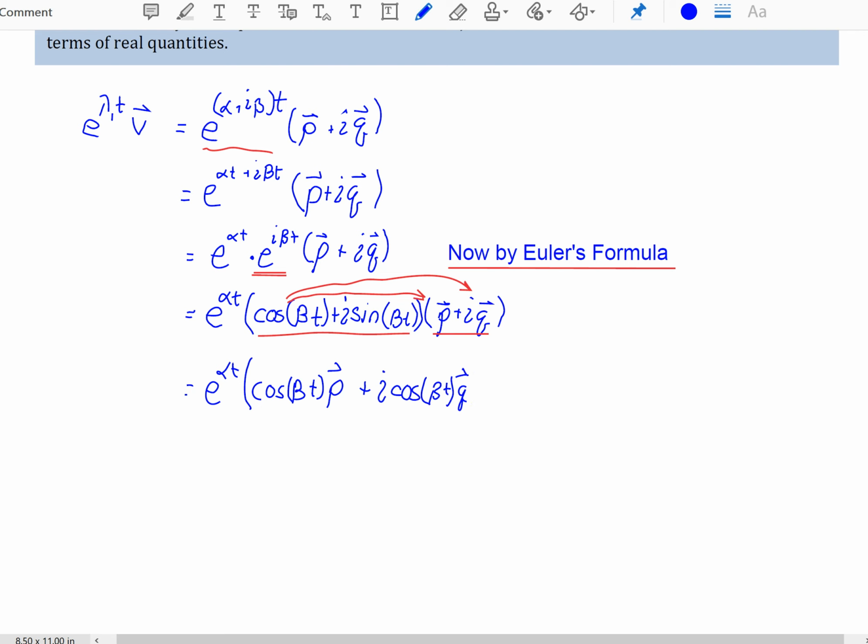Now let's distribute the sine term to the p vector and to the q vector, to get plus i sine beta t, and then i times i, what we know as i squared, will be minus 1 sine beta t times our q vector.